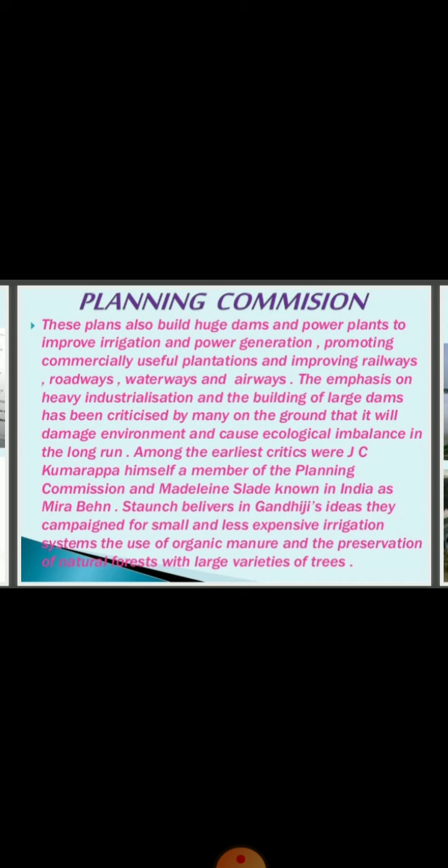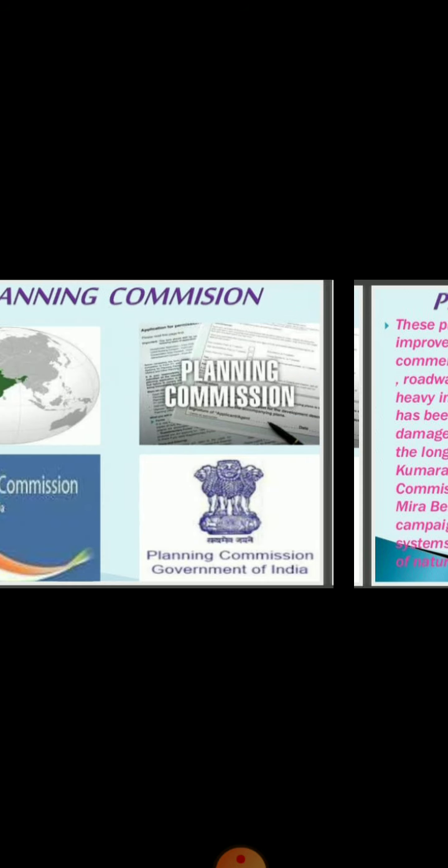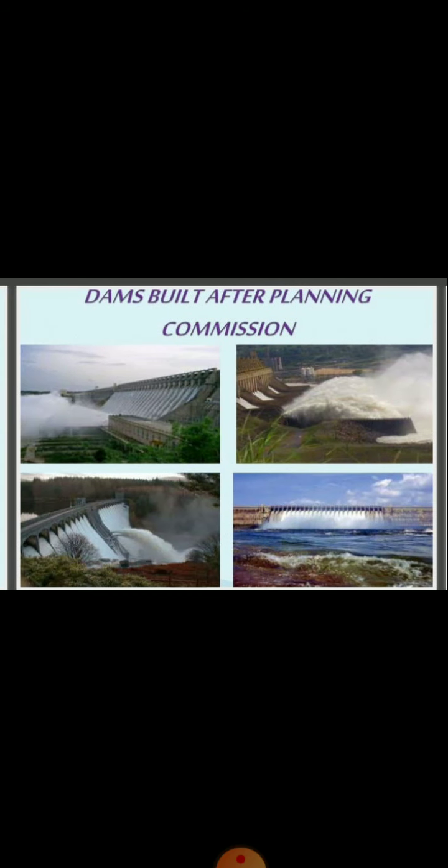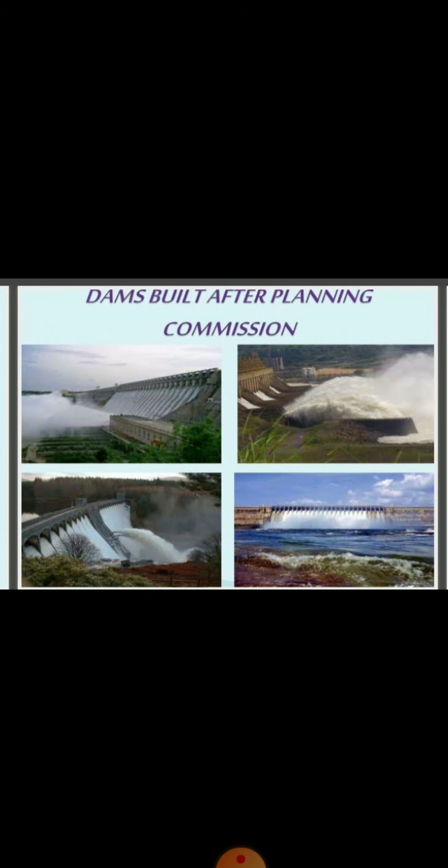They still believe that any country can develop without causing any damage to the environment. This is the Planning Commission. Now see, because of this Planning Commission's 5-year action plans, we will see the improvement that has taken place in India.